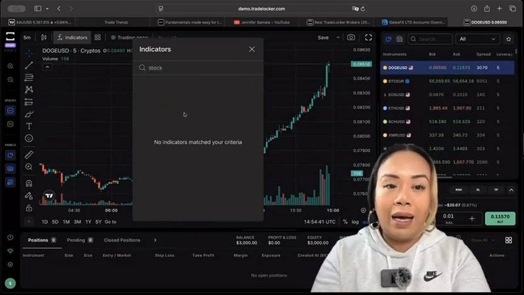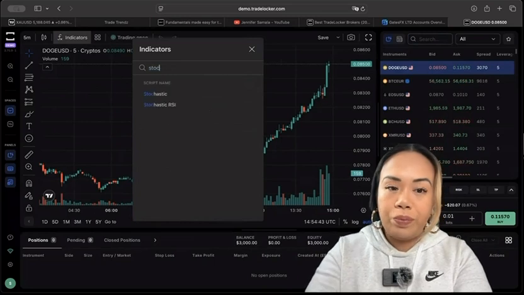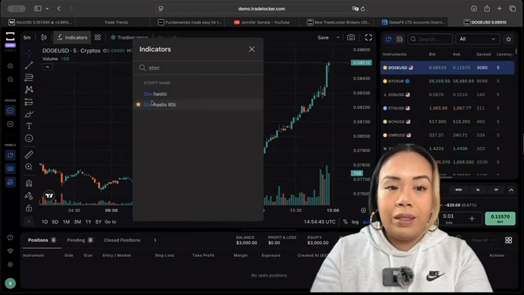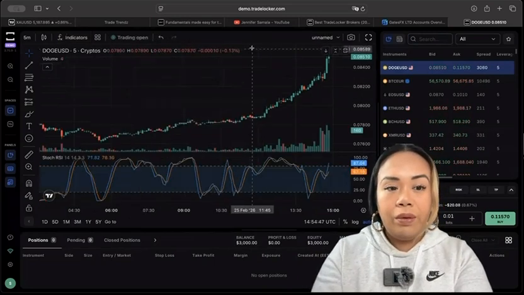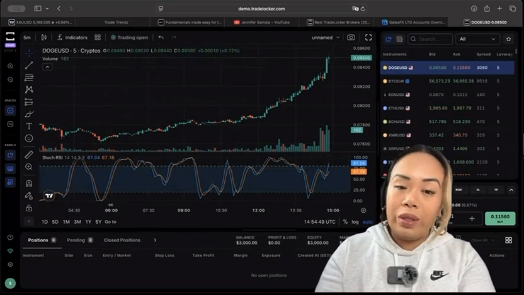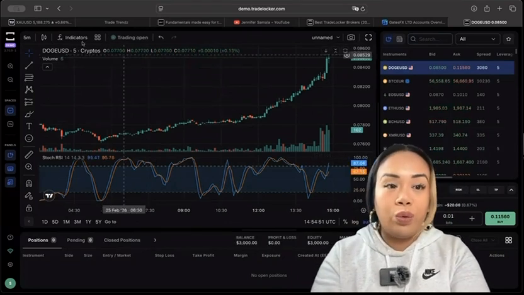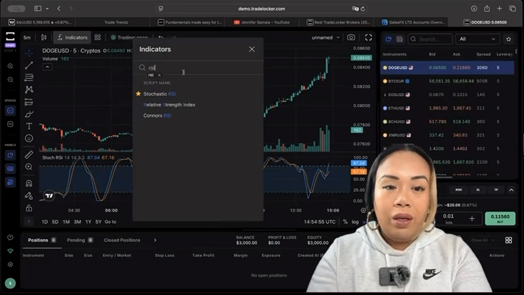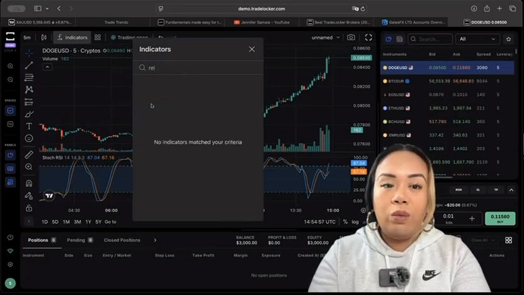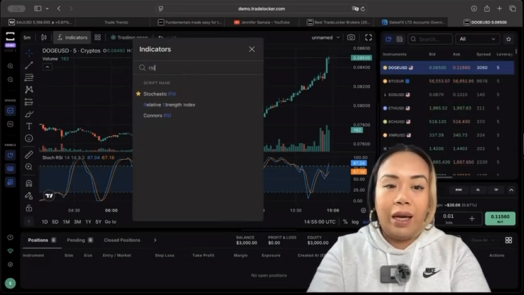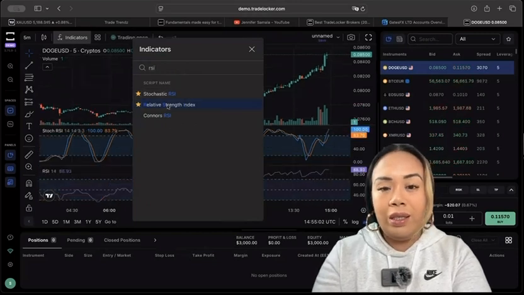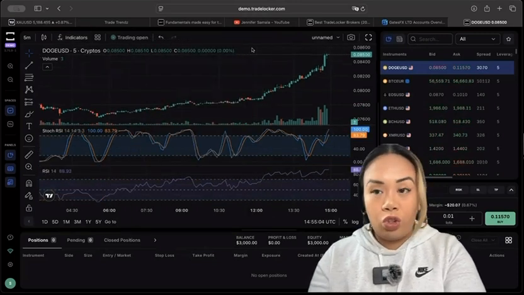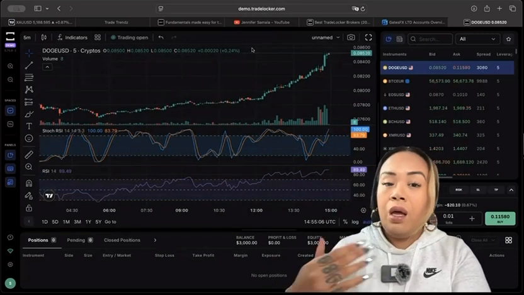Such as the stochastic RSI, which literally tells you when things are overbought and oversold. We also have indicators such as the regular RSI, which is the relative strength index. The relative strength index shows you exactly who's in control on that particular time frame and so forth.